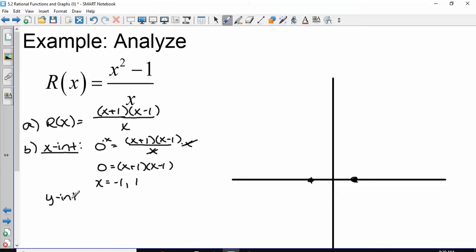Y-intercept. If I plug in a 0 for all of my x's, you can do the factored or the original. If I just go to the original, I get 0 minus 1, so negative 1 over 0. Can we do that? No, so there is none.